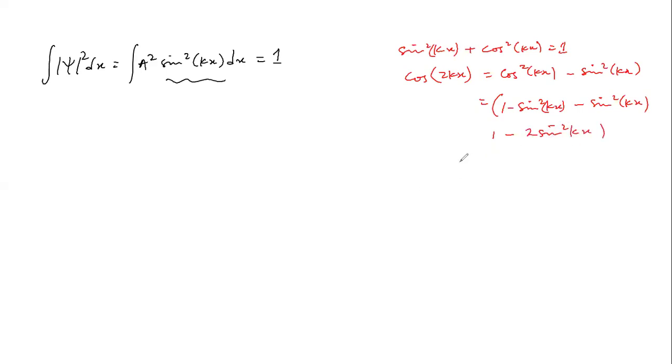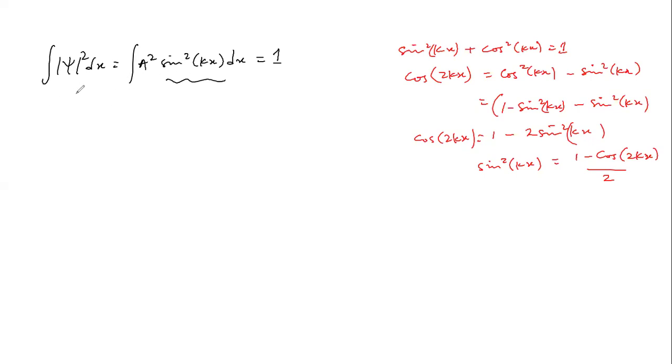So sine squared kx is the same as 1 minus cos 2kx, divided by 2. So what we now have to integrate is this.